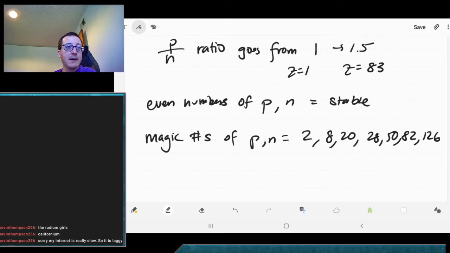Those just tend to be very stable numbers. So lead, for example, has 82 protons. That's a particularly stable number. And if it has 126 neutrons, that's lead-208 that you get out, which is very, very stable.